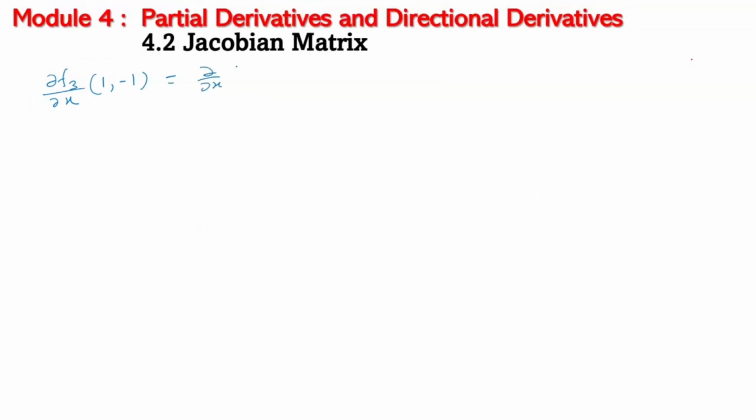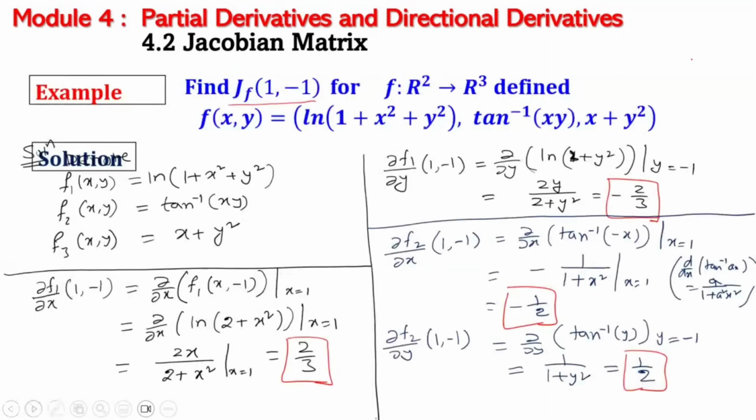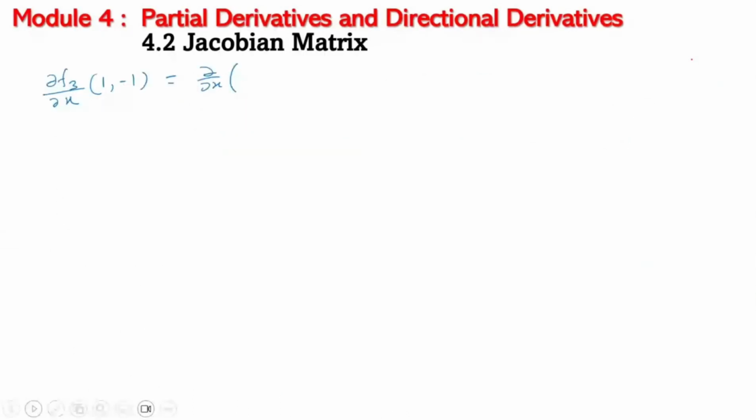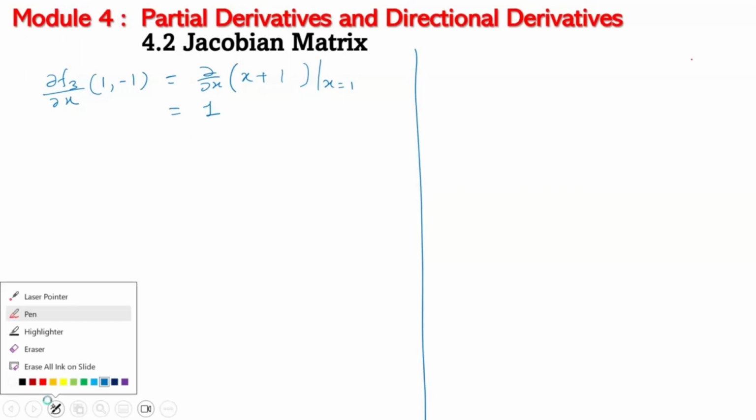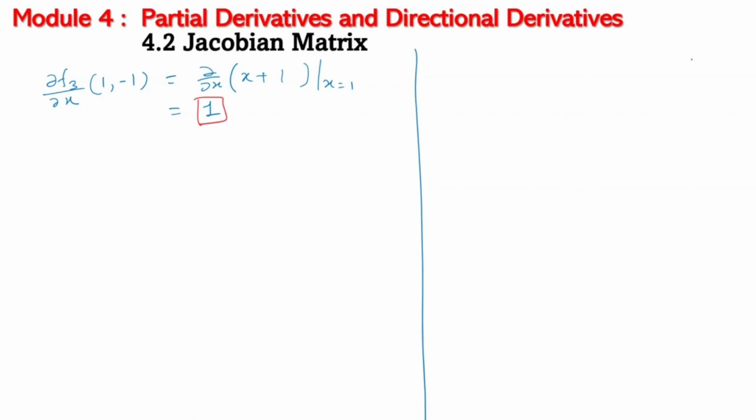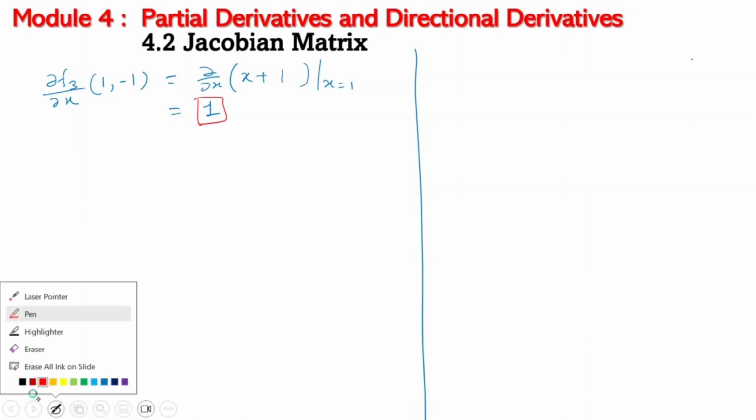So this is equal to del del x of, so our function here was x plus y square. So the y we can put as 1. So x plus y at the point x equal to 1, which is equal to 1. So this is the entry of the matrix.